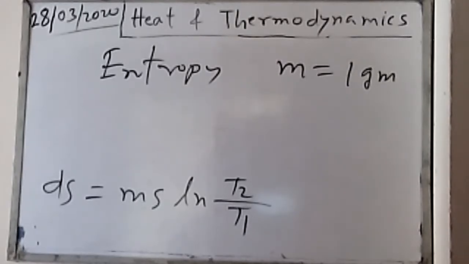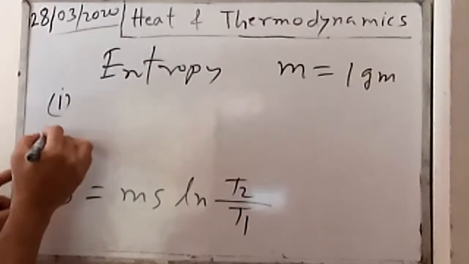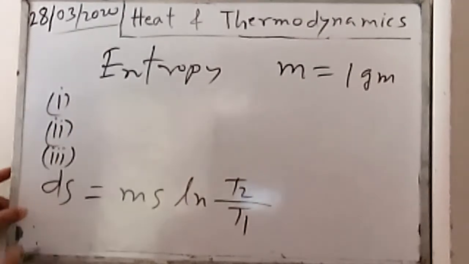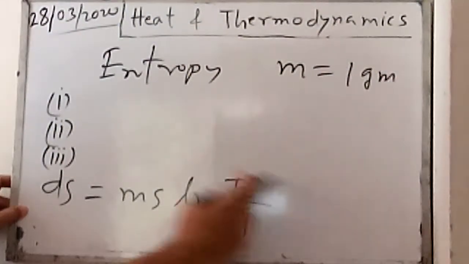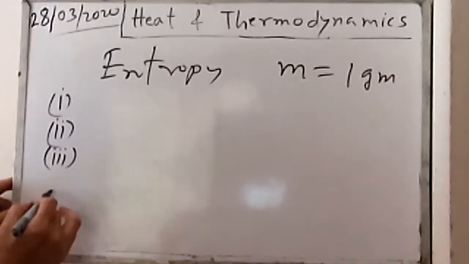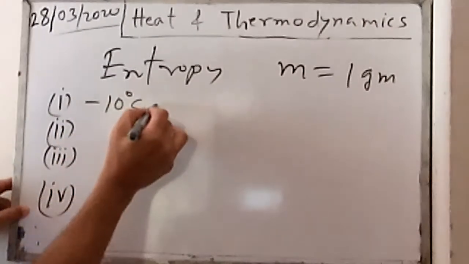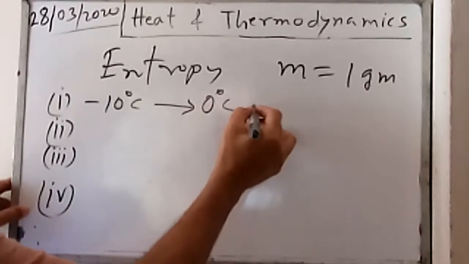The ice goes through first step, second step, third step, and fourth step, and we have to use this equation. First state, minus 10 degrees Celsius to 0 degrees Celsius, ice.